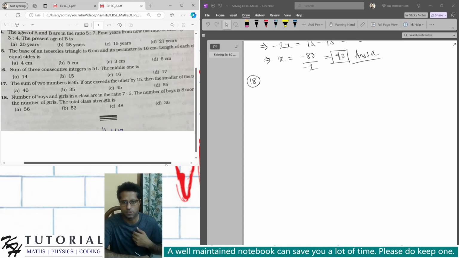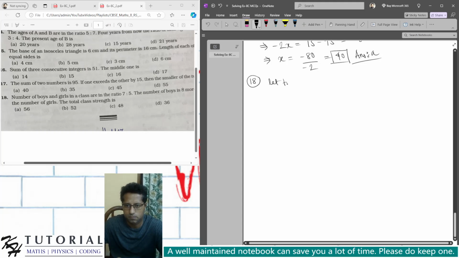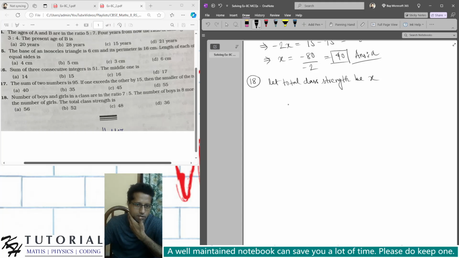The other way which I will use is to assume the total class strength to be the unknown variable. So let the total class strength be x. Now, the total class strength is x, meaning the number of boys and girls is x, and it is also given that the number of boys and girls in a class are in the ratio 7:5.